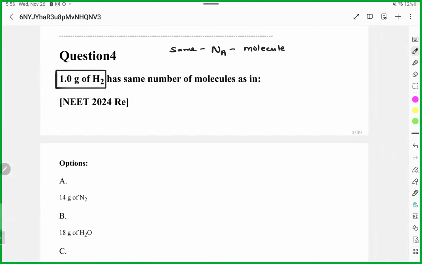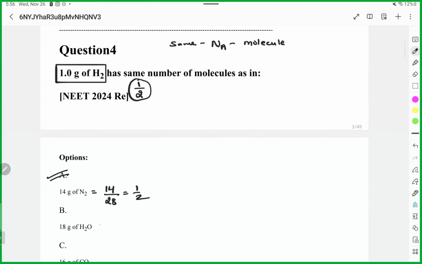Example, in the first situation, in hydrogen, what is the number of moles? Given weight 1, molar mass of hydrogen 2, 1/2. What will be the mass here? Given weight 14, molar mass, Chandana, 28. So 1/2 definitely is the answer.